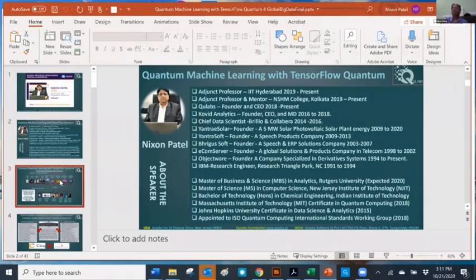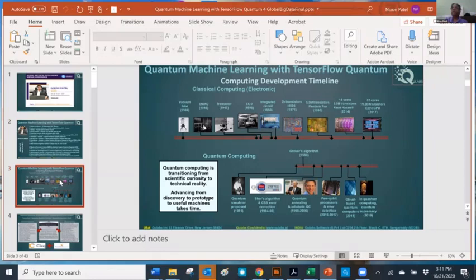Before I dive deep into quantum computing and how that relates to quantum machine learning, and TensorFlow and TensorFlow Quantum, it's worthwhile to go back and revisit the history of classical electronic computing, which you see on the screen here. If you look at the top side, this is how classical computing developed from 1906.